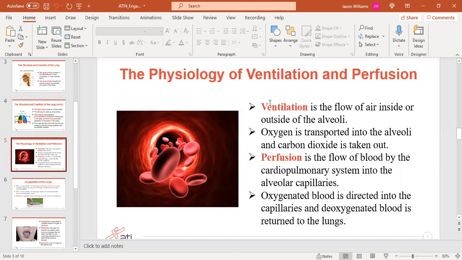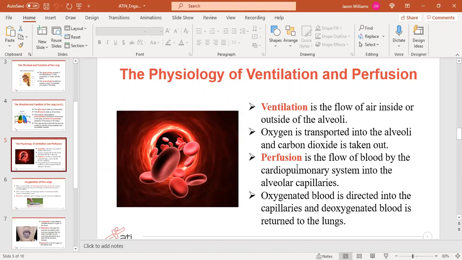And it's just talking about the physiology of ventilation and perfusion. Somebody can actually read this page. Ventilation is the flow of air inside or outside of the alveoli.